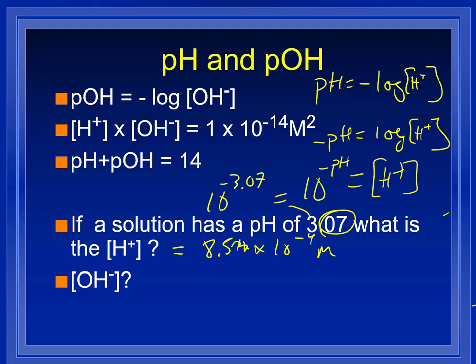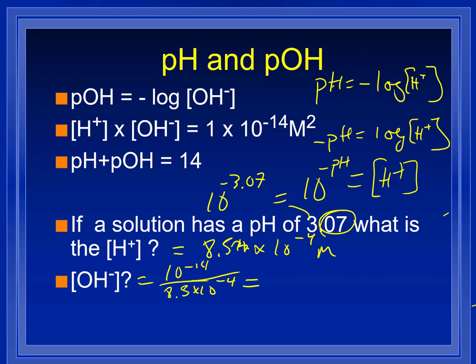Okay. What's the OH minus concentration? Well, this is going to be easy now, knowing the H plus concentration. That's going to be 10 to the minus 14th divided by 8.5 times 10 to the negative 4th equals, okay, so let's type this in, 1 EE negative 14.